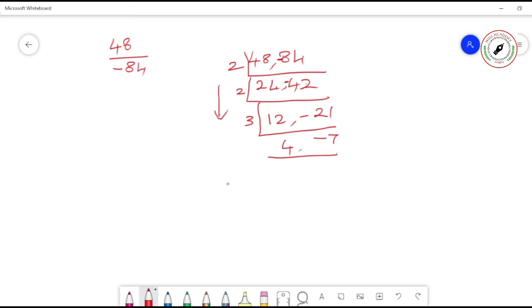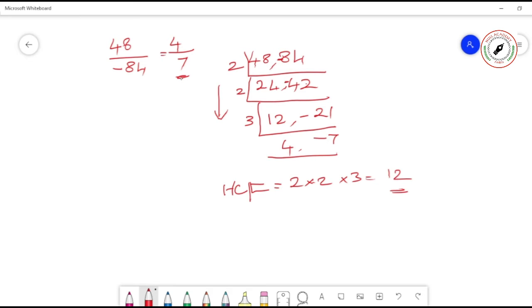What is this? HCF equal to 2 into 3, that is 12. 2 2s are 4, 4 3s are 12. That's all. You would divide by 12 now. 48 divided by 12? 4. 84 divided by 12? 7.